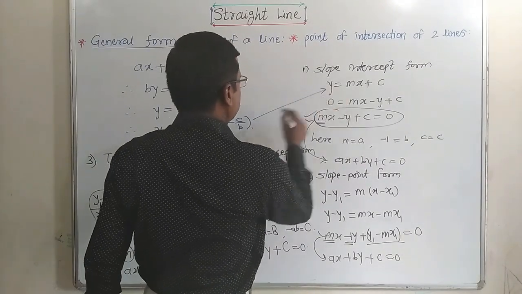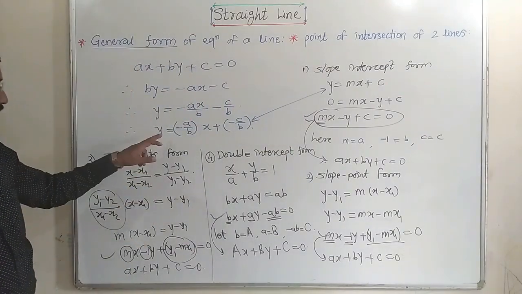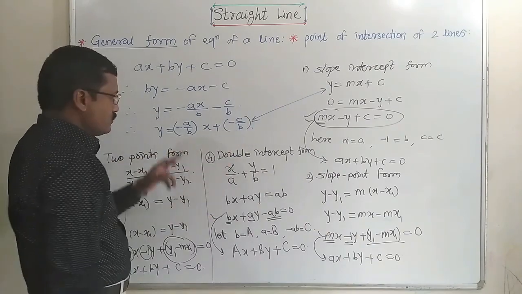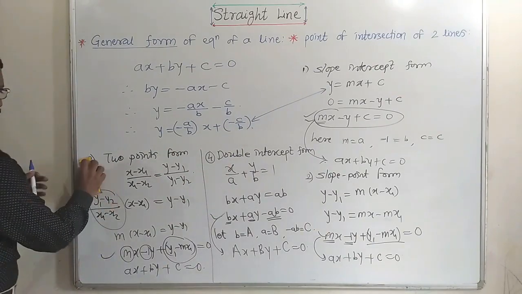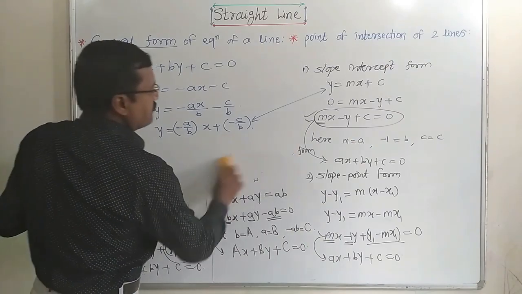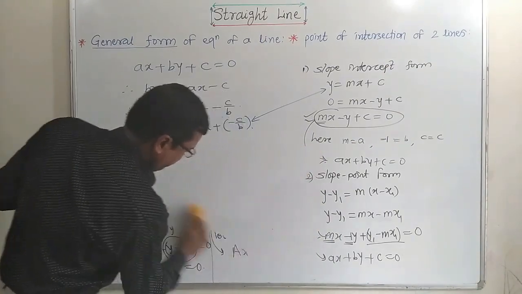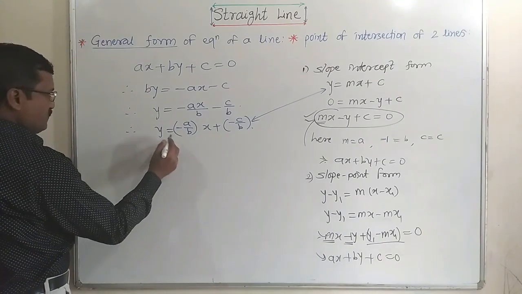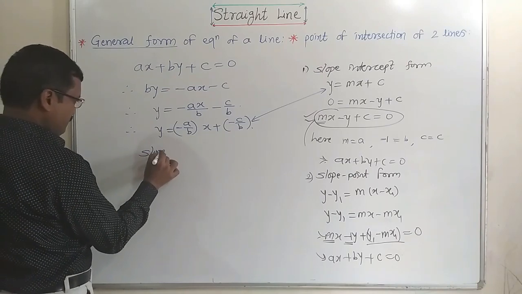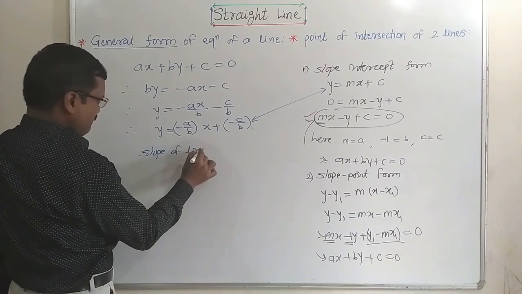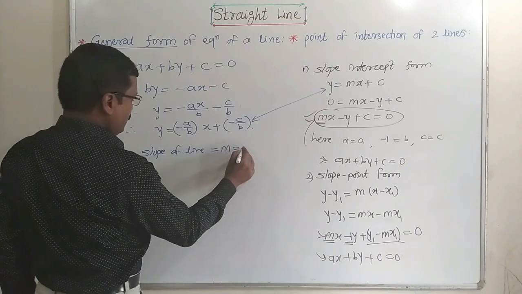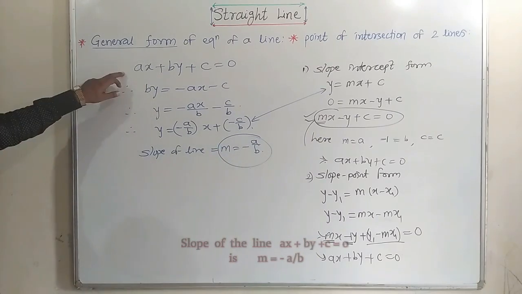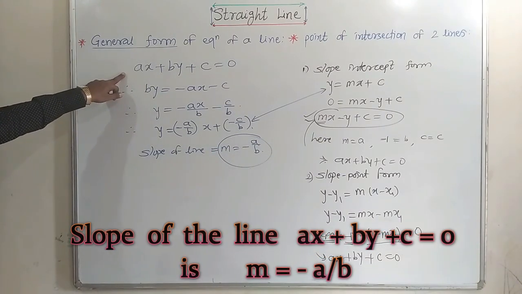Comparing this equation with y equal to mx plus c, we equate this equation with the slope intercept form of equation of line. Then we can write the slope of line m equal to minus A upon B. So this is the formula for obtaining slope from the general form of equation of line.